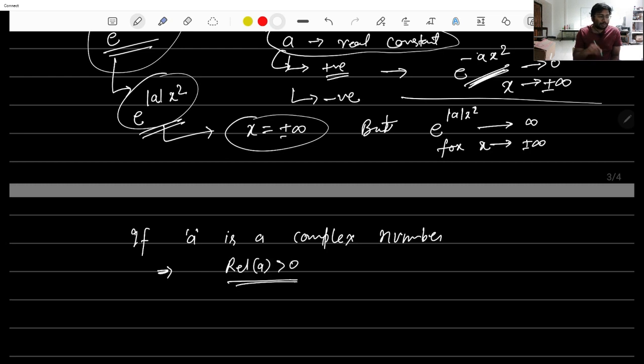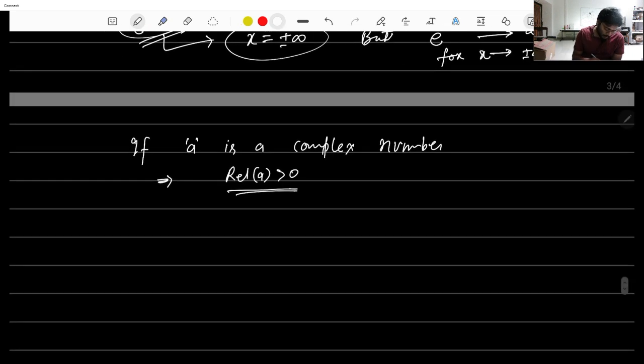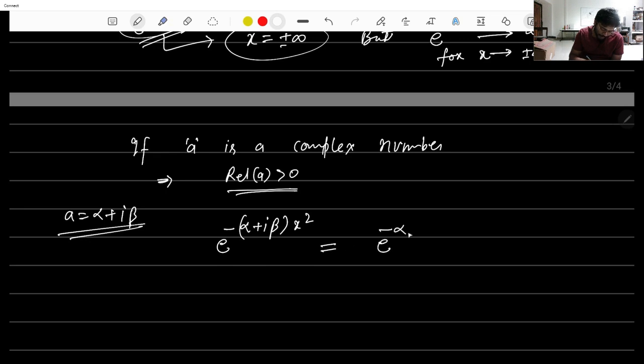So let us look why it is necessary. Integrand e to the power minus a x square, you write a equal to alpha plus i beta, any complex number. So you can break down this integrand into the product e to the power minus alpha x square times e to the power minus i beta x square.